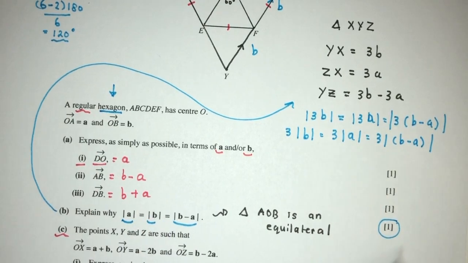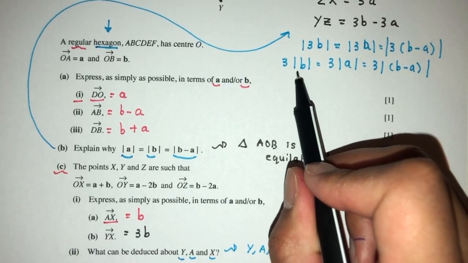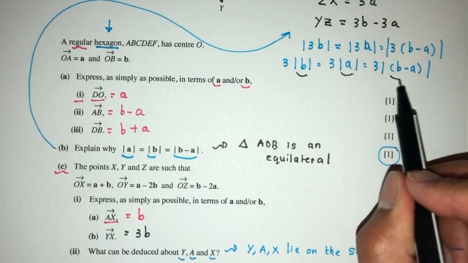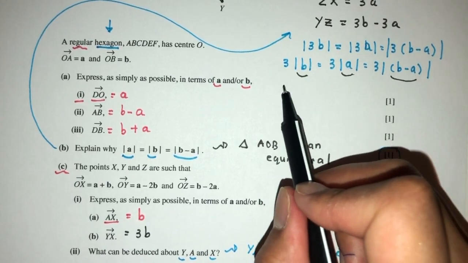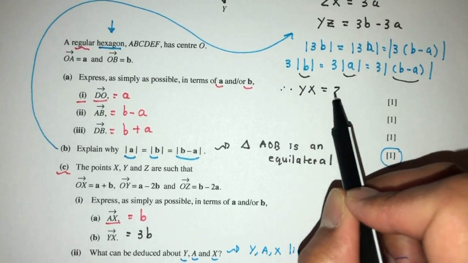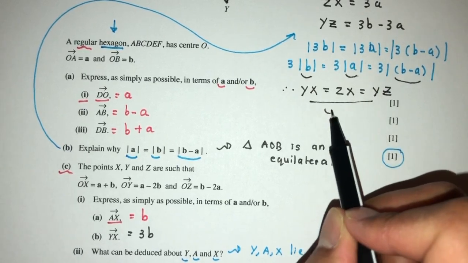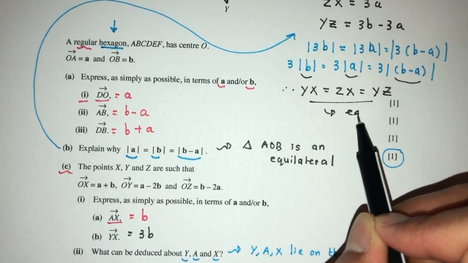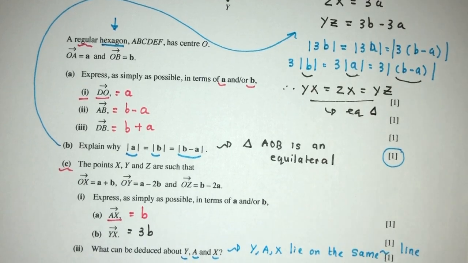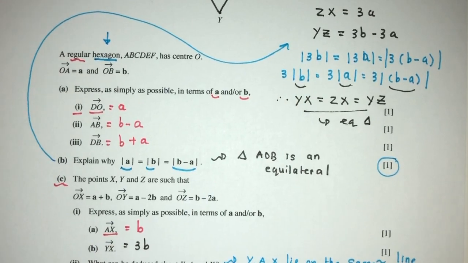And according to this one, you can see we have shown that this is the same. So this and this are the same. So finally, we conclude YX is the same as ZX and YZ. So all the three sides are the same. We conclude they are an equilateral triangle. That's how you would prove that, by using your answer from part B and replacing, and you will see this is exactly the same three sides for the triangle.